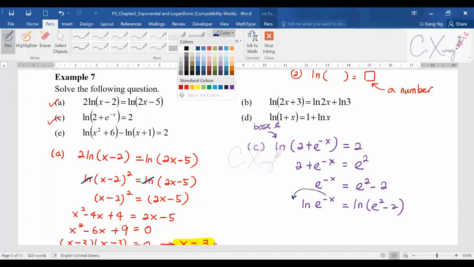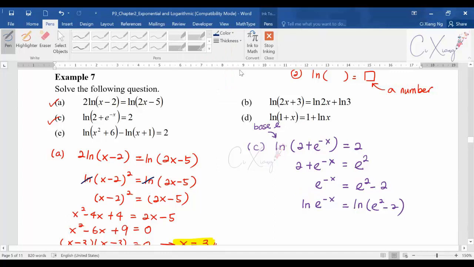So you have negative x in front. When you're having negative x, ln e is 1. According to the rules that we learned before, ln e is 1 because the base and the number e are the same value. So you'll get a 1 here.